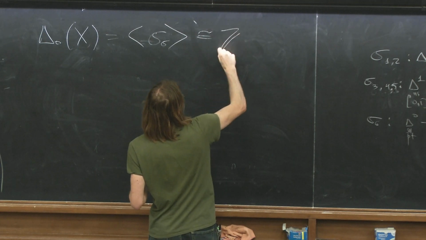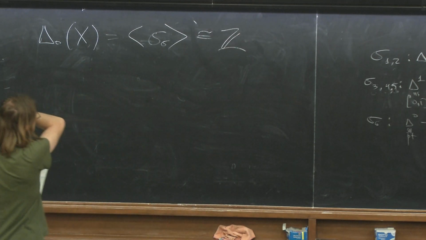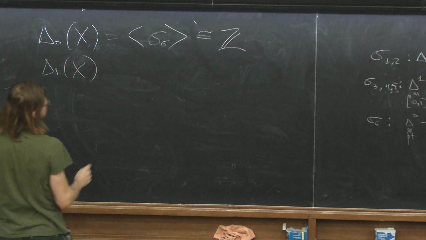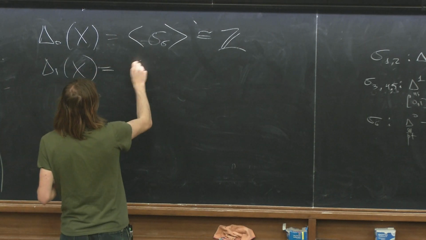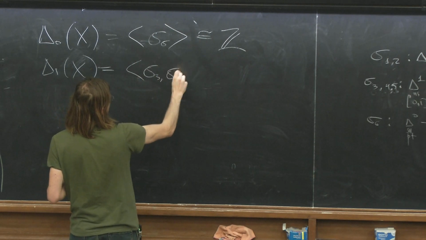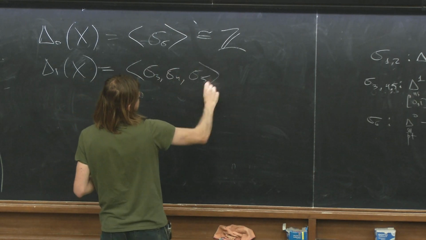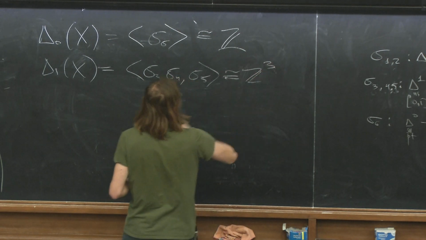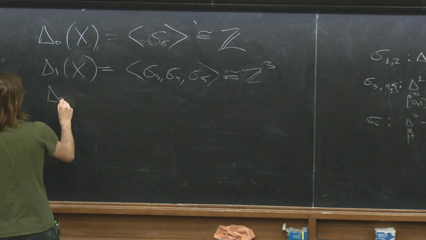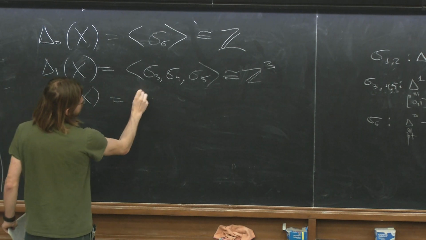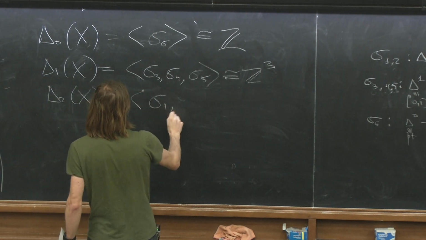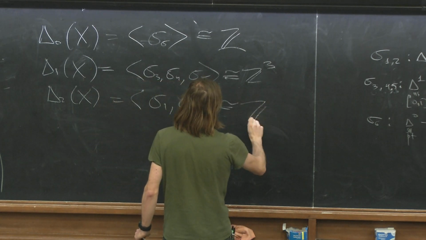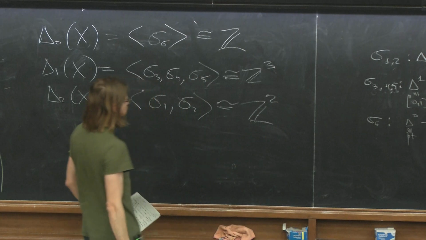It is isomorphic to Z, which is one generator. The group delta 1 of X is generated by sigma 3, sigma 4, and sigma 5, so it's isomorphic to Z cubed. And delta 2 is generated by sigma 1 and sigma 2, and so it's isomorphic to Z squared.